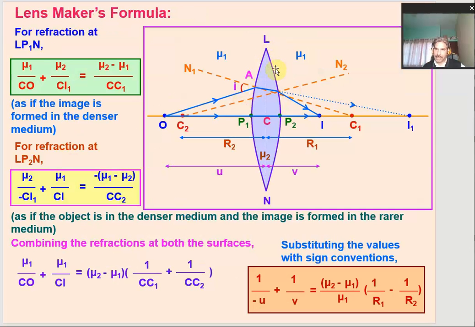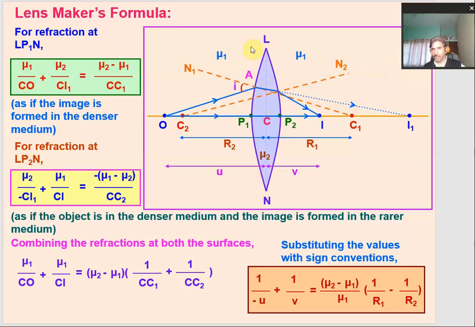But there is another surface which again changes the medium for the light ray. If there were no second surface LP2N, only this surface, and the medium extended further, then this refracted light ray, which gets refracted at point A on the surface LP1N, if the medium remained the same after this surface, which is the glass medium, would have traveled and met the principal axis at point I1, and hence the final image would have been formed at point I1.